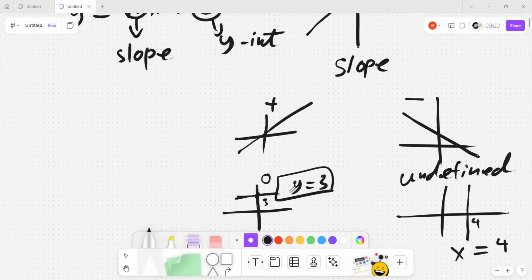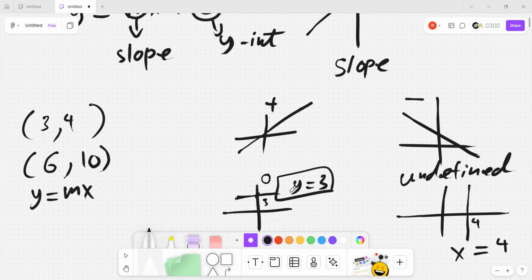Let's say مثلا we have a line that passes through the point 3, 4 and the point 6, let's say مثلا 10. Okay, so how to find the equation of this line? Okay, first of all, I will write by myself y equal mx plus c.